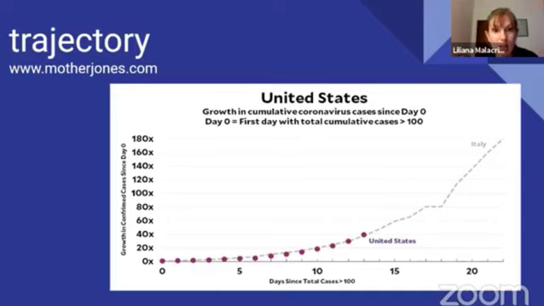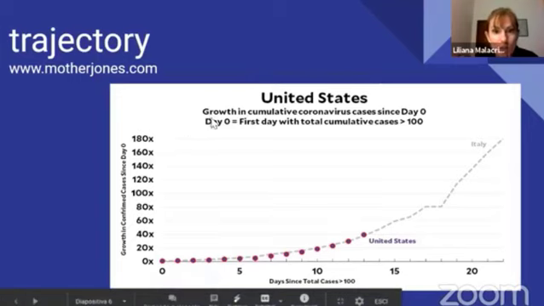As you can see here, that's the situation in the United States, and the trajectory is shown by these dots, one after the other, that describe a line and a direction.